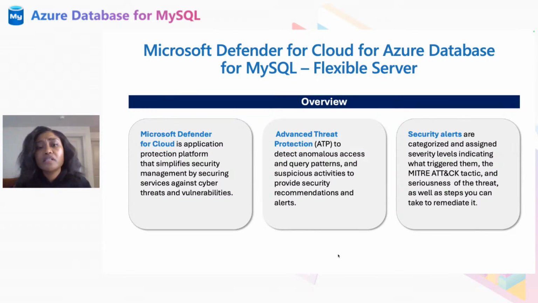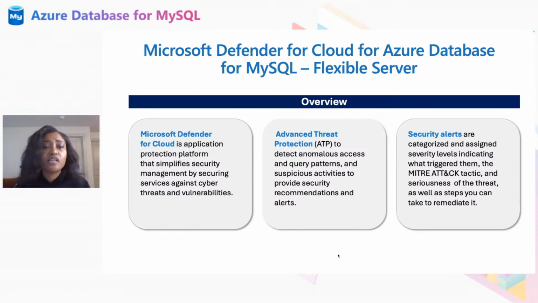Specifically, the advanced threat protection feature does this by using integrated security monitoring to detect anomalous database access and query patterns, as well as suspicious database activities, to provide security recommendations and alerts. Those security recommendations and alerts are categorized and assigned by severity levels that indicate what triggered them.